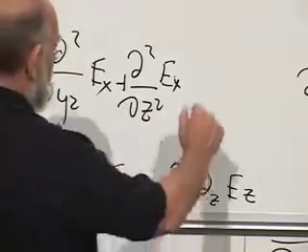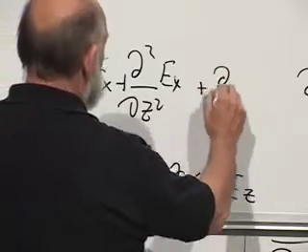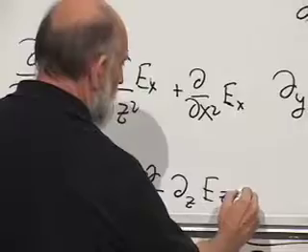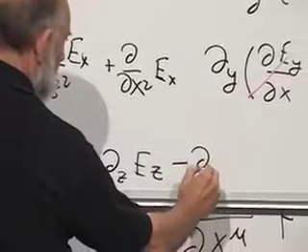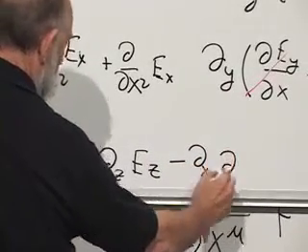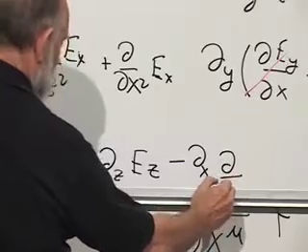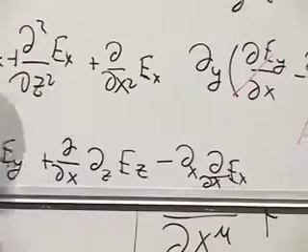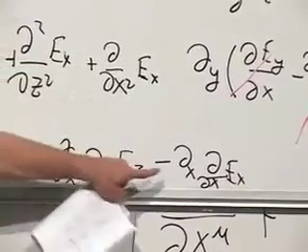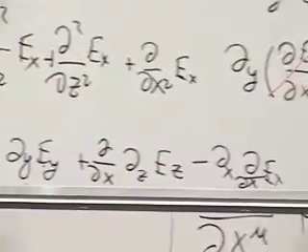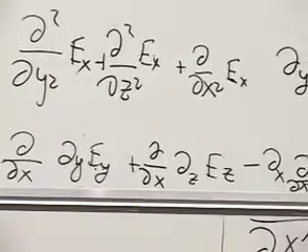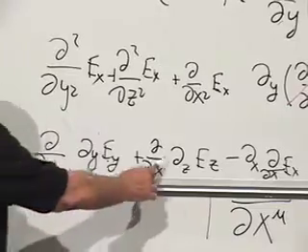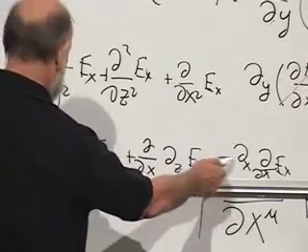So let's add d by dx squared EX, and let's now subtract d by dx of d by dx EX. I have added and subtracted exactly the same thing. Now you should be able to see a pattern. First of all, we have dy EY plus dz EZ.